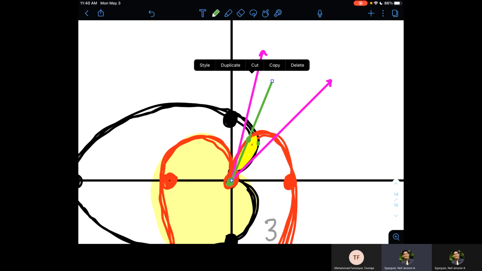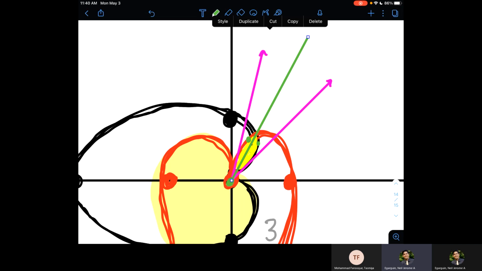So that means we need to split the integral up into two pieces, and we need to split it up at the point of intersection there, because at this POI, the behavior of the radius changes, right? Before the point of intersection, we are only dealing with the black curve. After the point of intersection, we are only dealing with the red curve, all right?